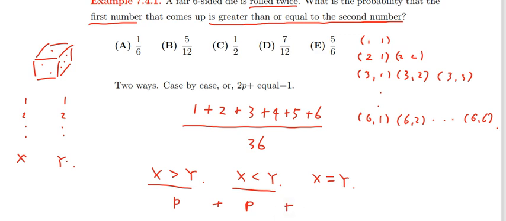Then we just need to find the probability of x equal to y, which is 1-1, 2-2, 3-3, like so.